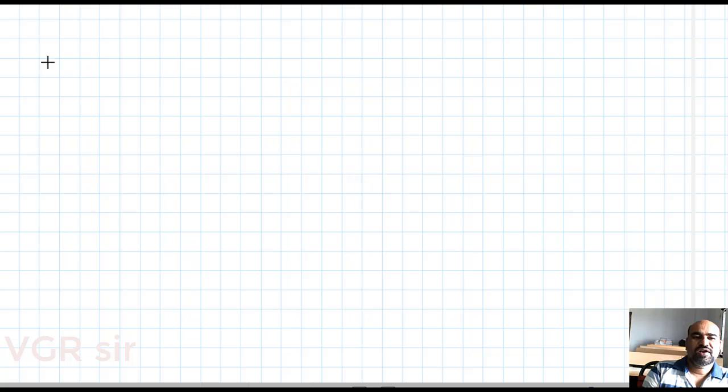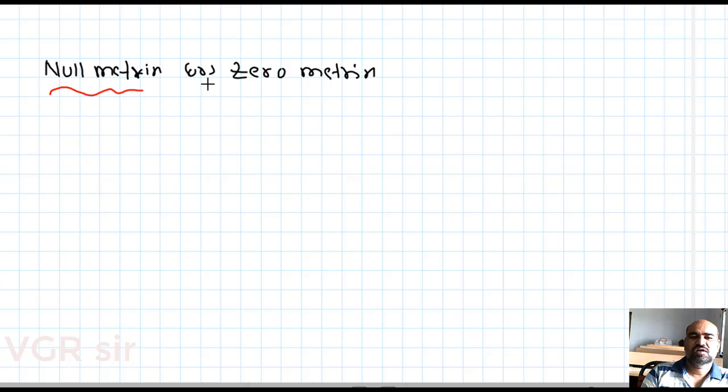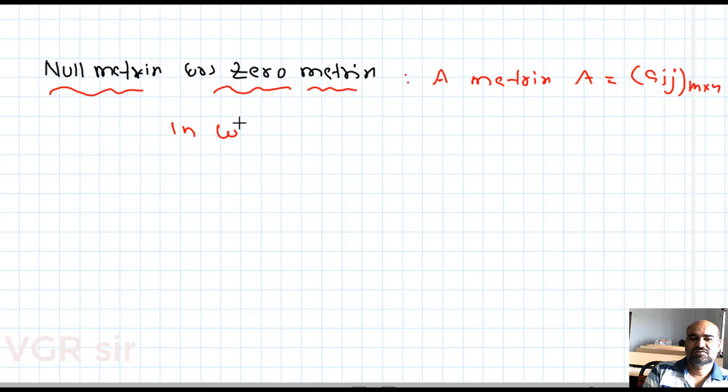Okay, so next, null matrix or zero matrix. I will write: a matrix A equal to Aij, m by n, in which Aij equals 0 for every i, j.